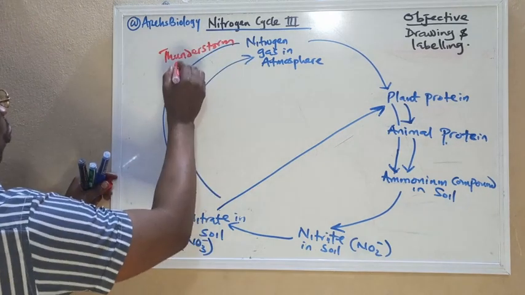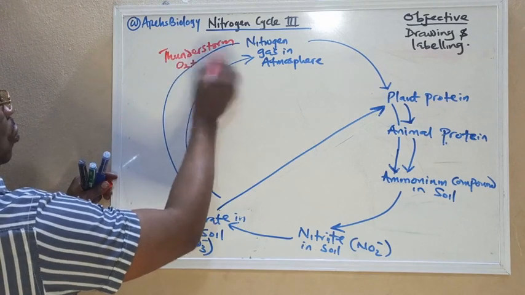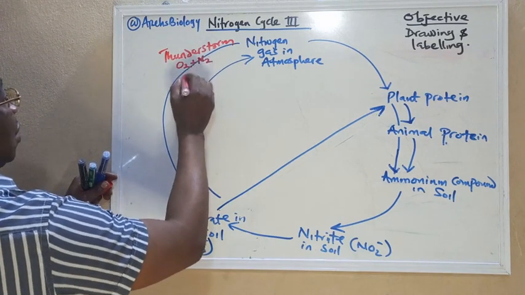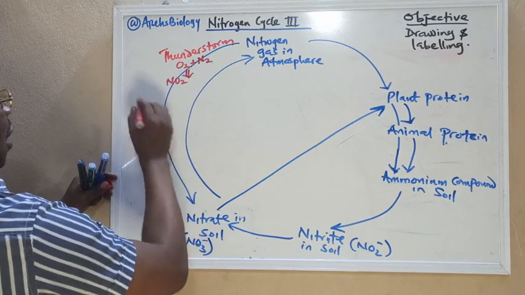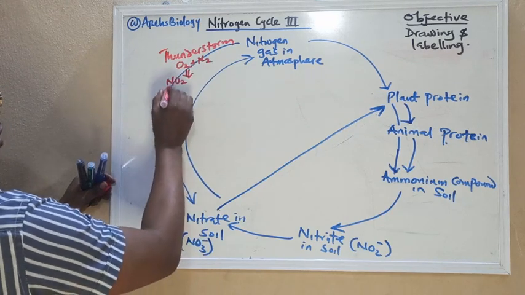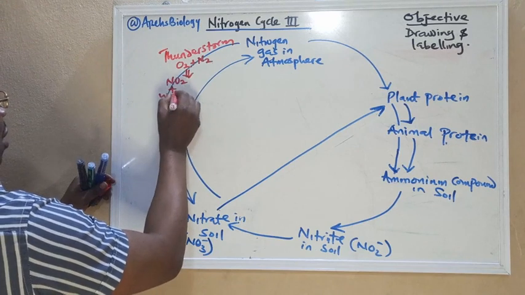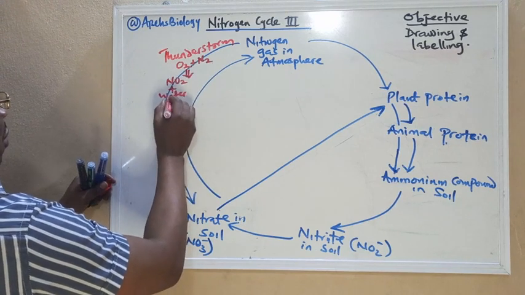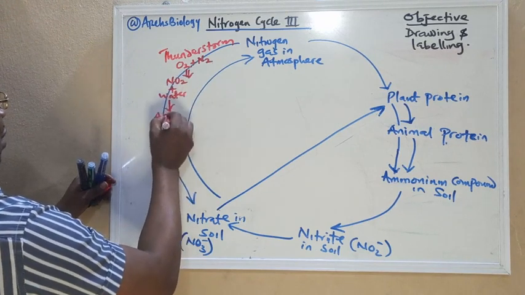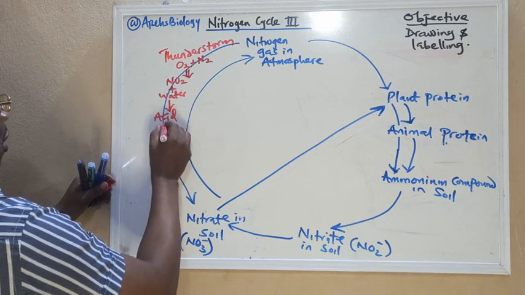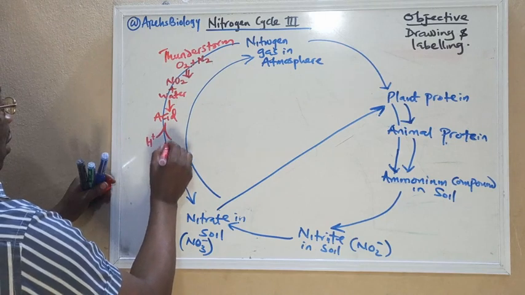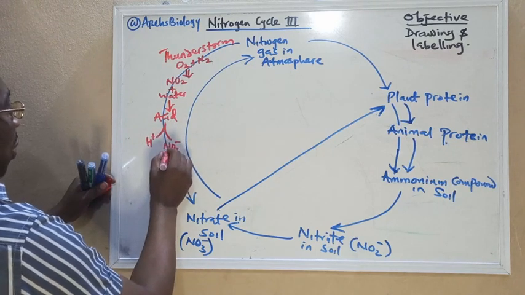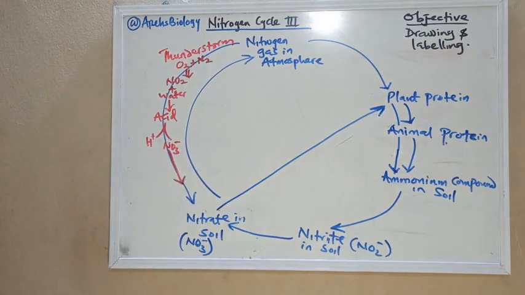In that thunderstorm, you have your oxygen plus your nitrogen gas that will now form what is called nitrogen dioxide. And after that, that will combine with water. And then after some time, it forms what is called acid. And then the acid will break out into hydrogen ion.